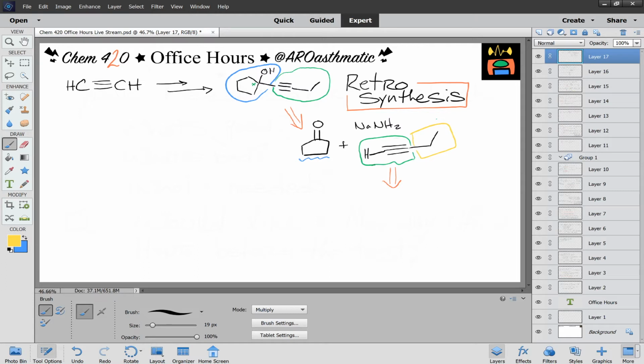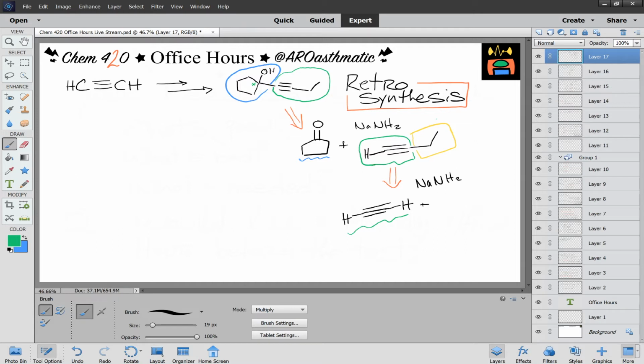We can make this synthetic intermediate by doing the same reaction that we did before. If we treat this alkyne with a strong base like sodium amide, and this is again the green part of the molecule.